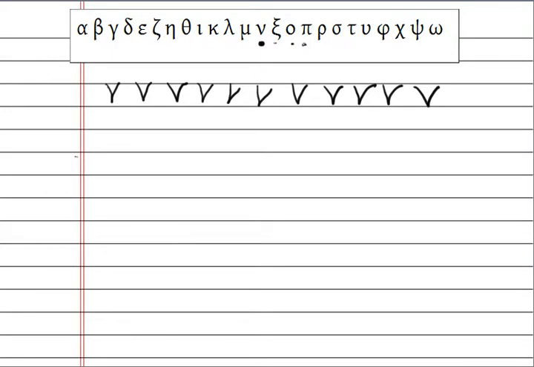The next one, I want you to note, kind of looks like a curly Q, or a spiraling staircase, or maybe even a roller coaster that does a corkscrew. And that helps us know how to pronounce it. That's the ksi.